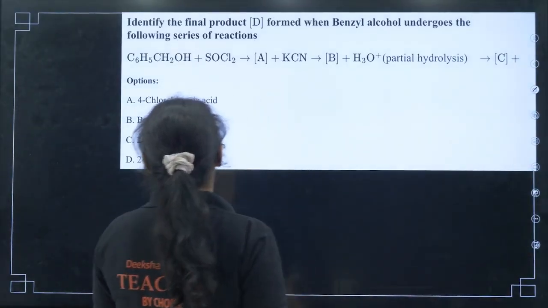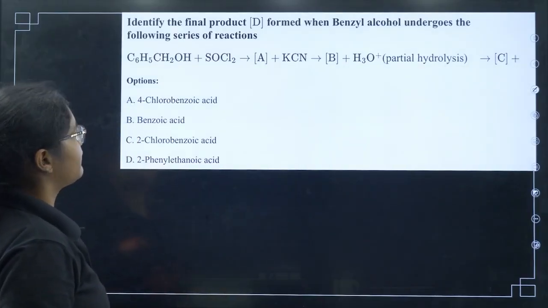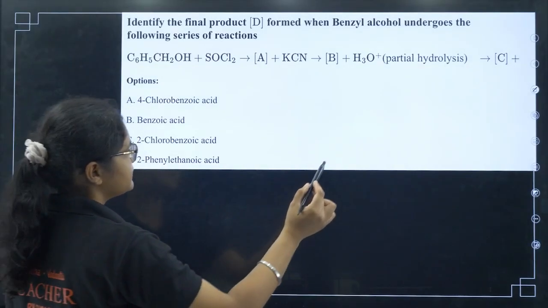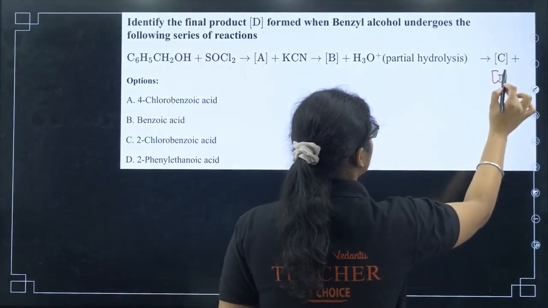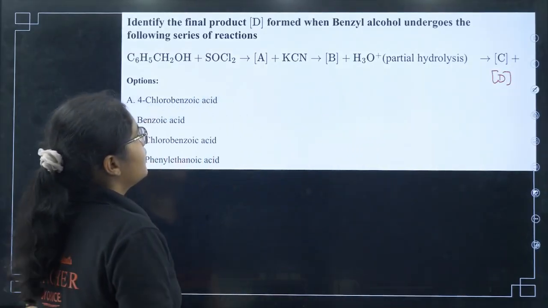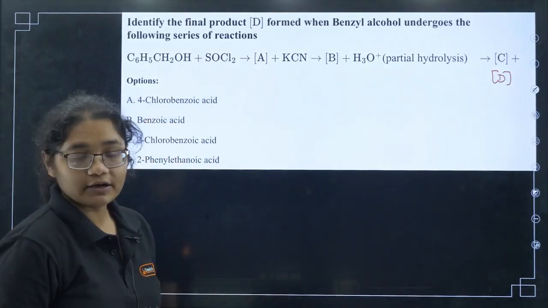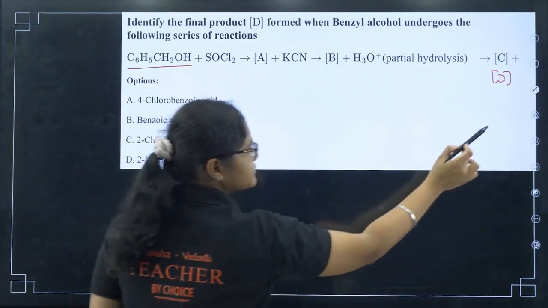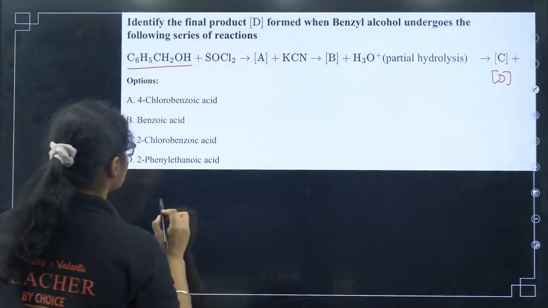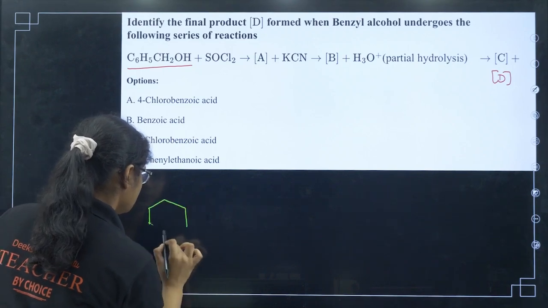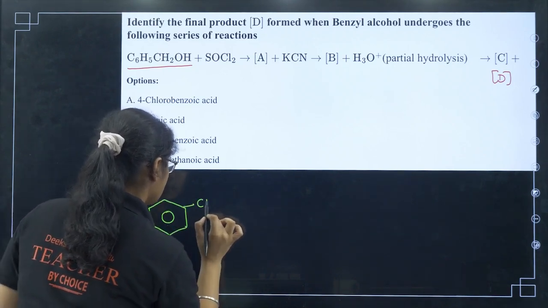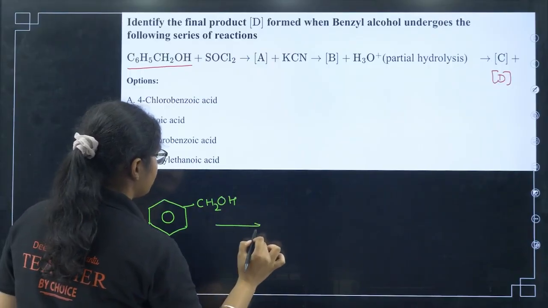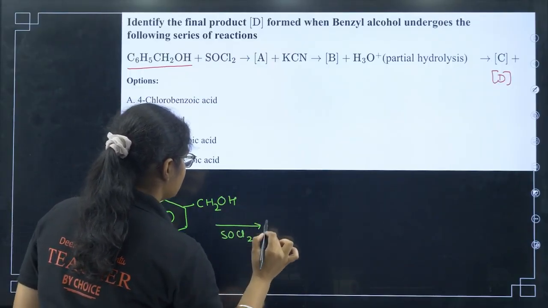Okay. Next, what you have to find? You have to find the final product D formed when benzyl alcohol undergoes the following sequence of reactions. Okay, so first I have C6H5CH2OH. After that, when you treat it with SOCl2, then what I will get?